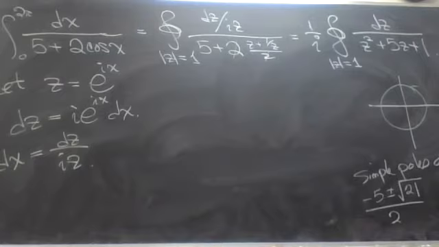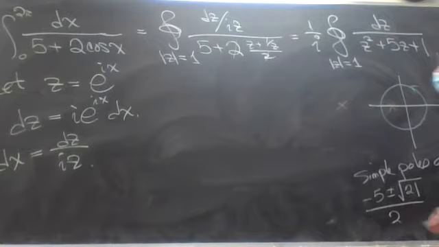Now, negative 5 minus the square root of 21, divided by 2, is way out here. It's not inside. However, negative 5 plus the square root of 21, divided by 2, is inside.